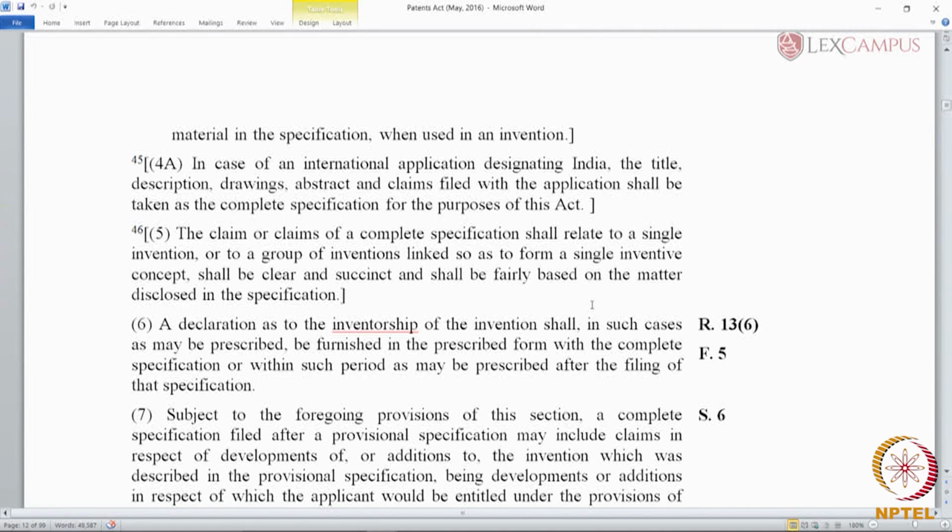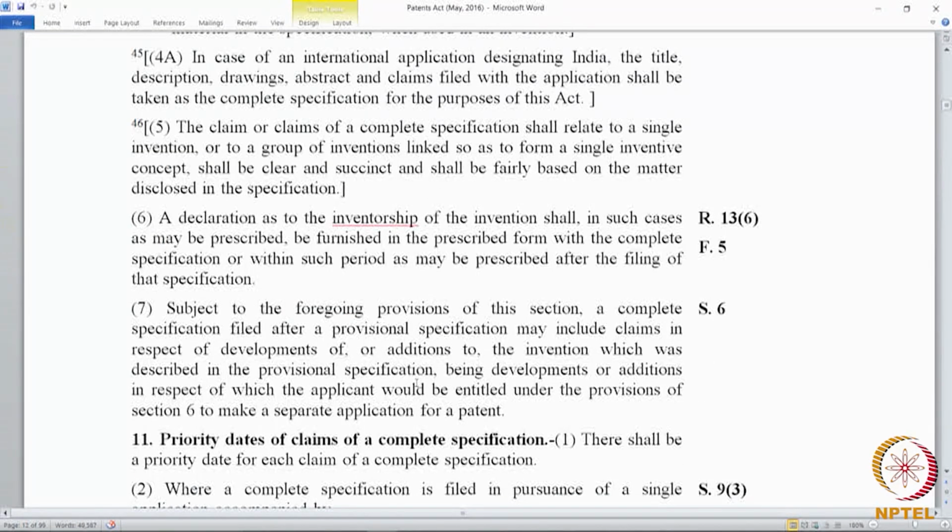So, either way, whether you follow the method of drafting the description first and carving out the claims, or drafting the claims first and working back on the description, in either way you are going to ensure that the claims are based on the description, to get over this objection that could come from the patent office in case the claims are not fairly based on the description.